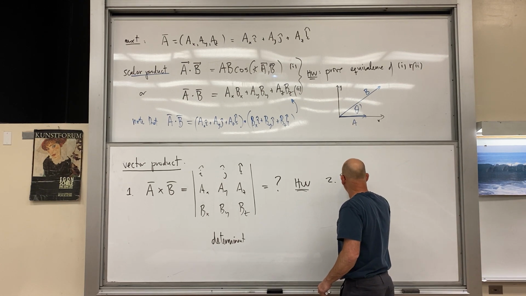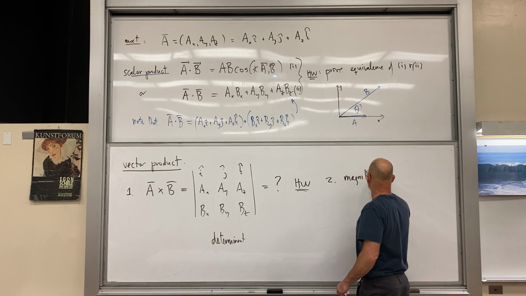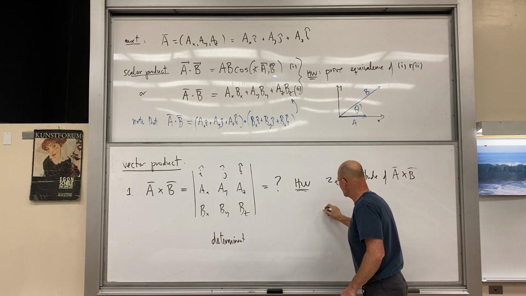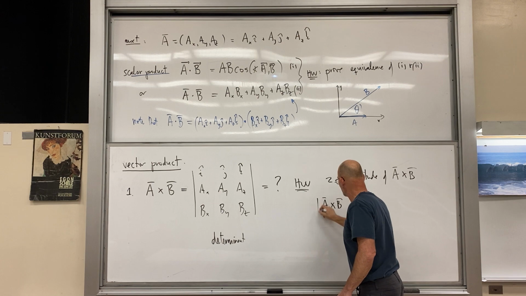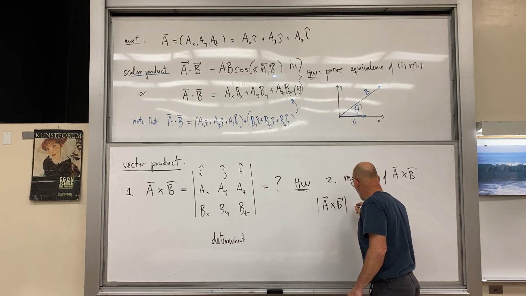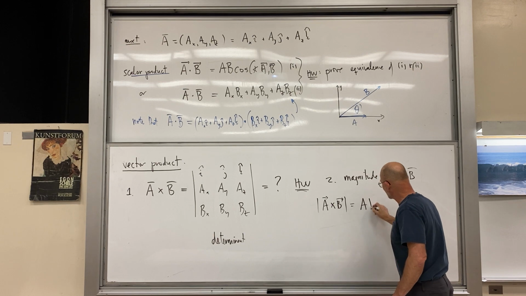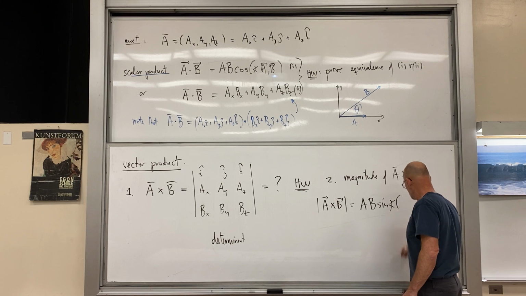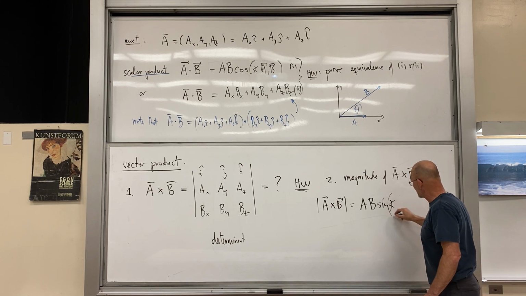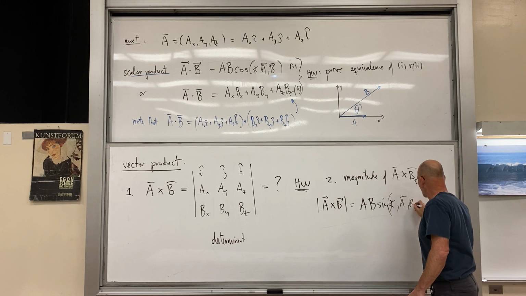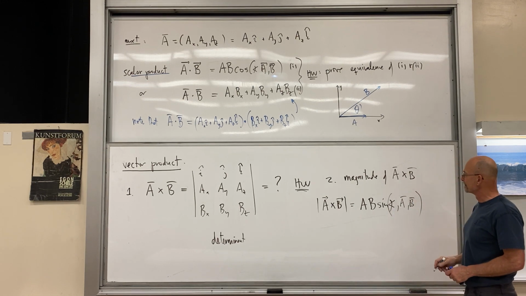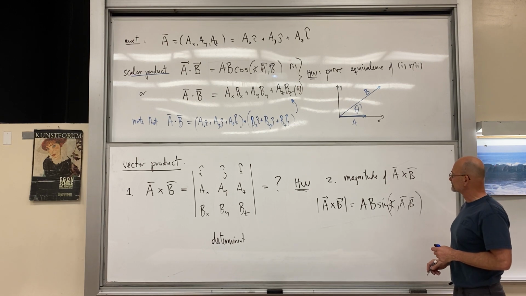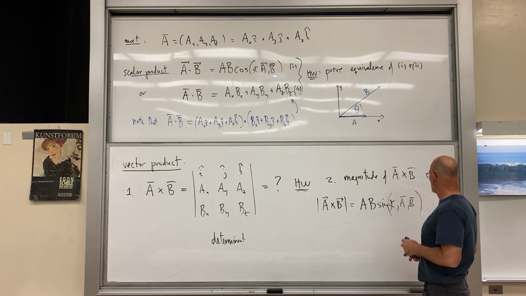So the magnitude of A cross B is equal to the magnitude of A times the magnitude of B times the sine of the angle between A and B. And that one we also want to prove.